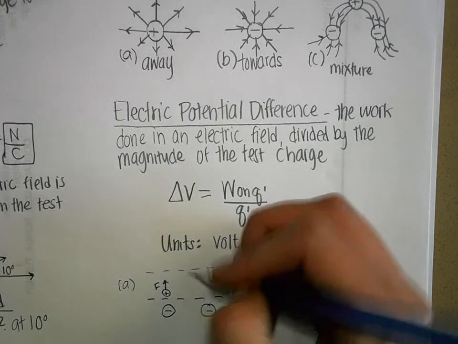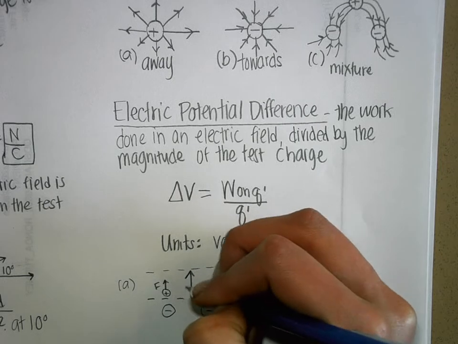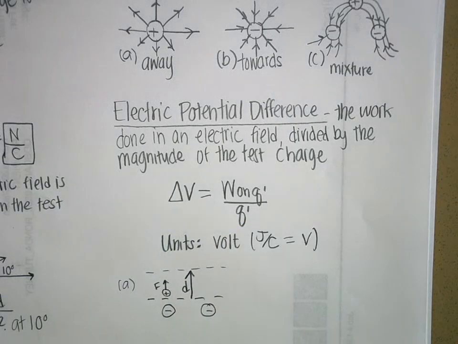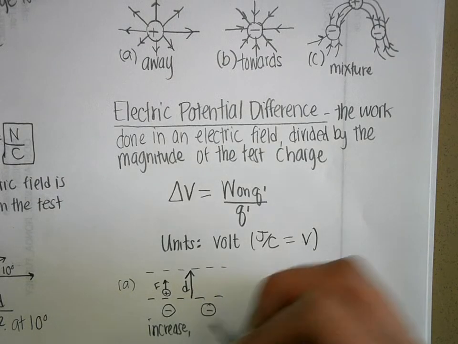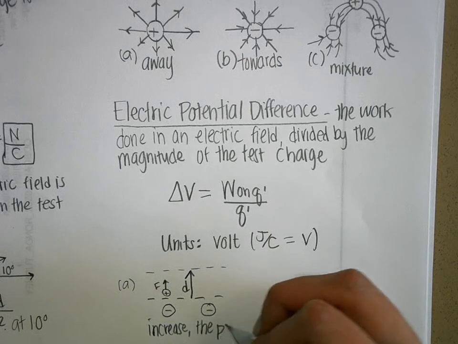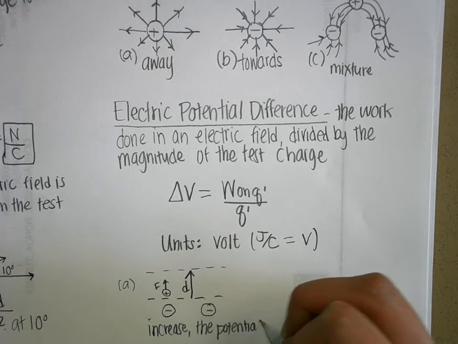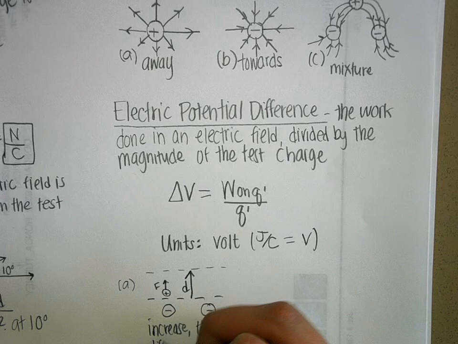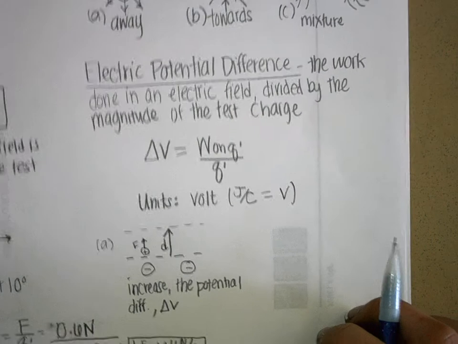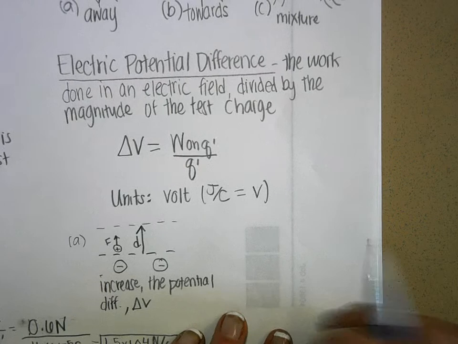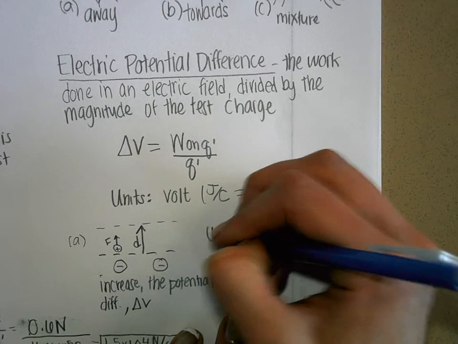And I'm going to move it a distance away from the negative charges. And what's going to happen is when you move it apart, it's going to increase the potential difference, delta V. And the opposite is true when you move it towards.